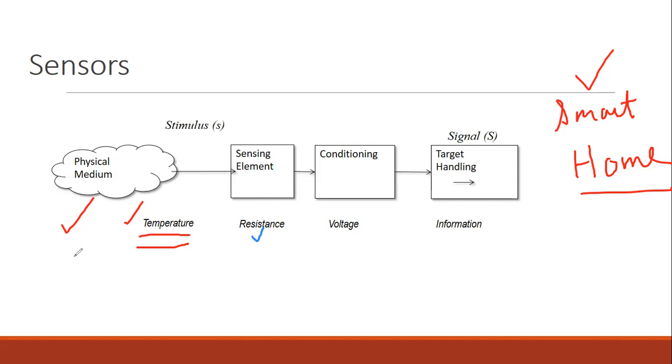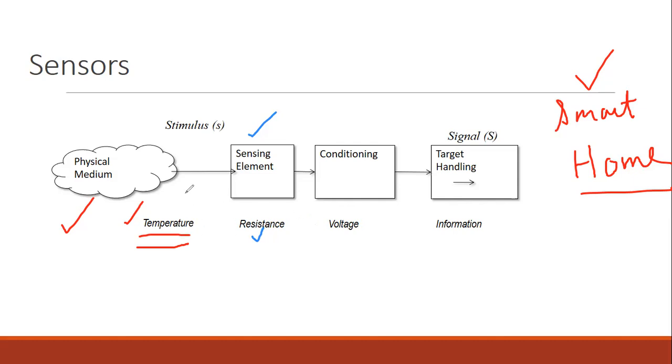So, if the temperature of the room is increased, the resistance of this sensing element will decrease or increase. It depends on the type of sensor or type of sensing element you have chosen. If you have selected a thermistor, then if you increase the temperature, the resistance of the thermistor will decrease.